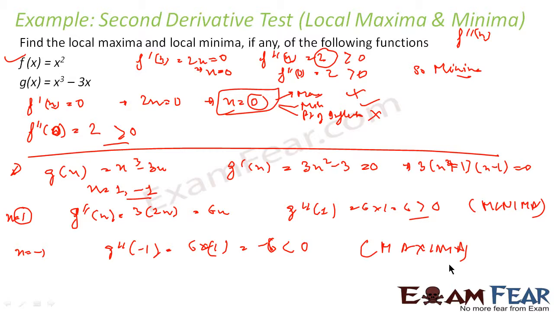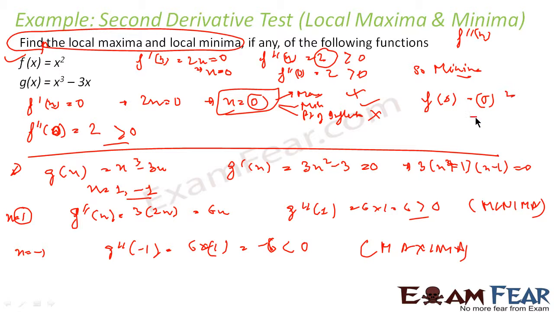Correct? So is this question solved now? No. Why? Because the question says find the local maxima and minima. The question is not asking me to find the point of local maximum and minimum; it is asking me to find the local maximum and minimum. So for this, my point of local minima here is 0, so my local minima will be f of 0, that is 0 square, that is 0.